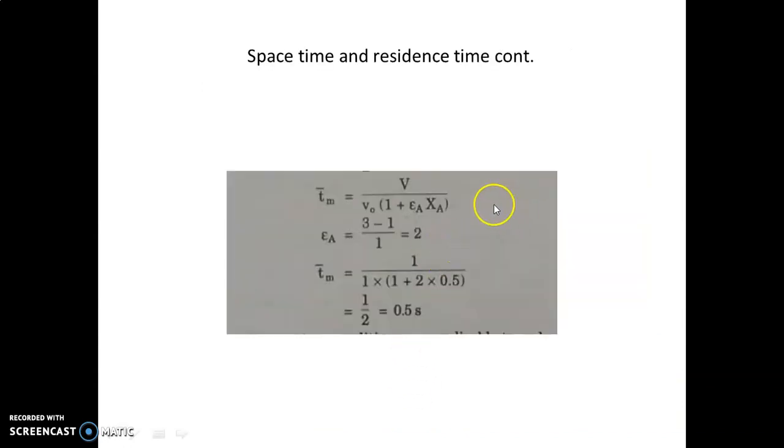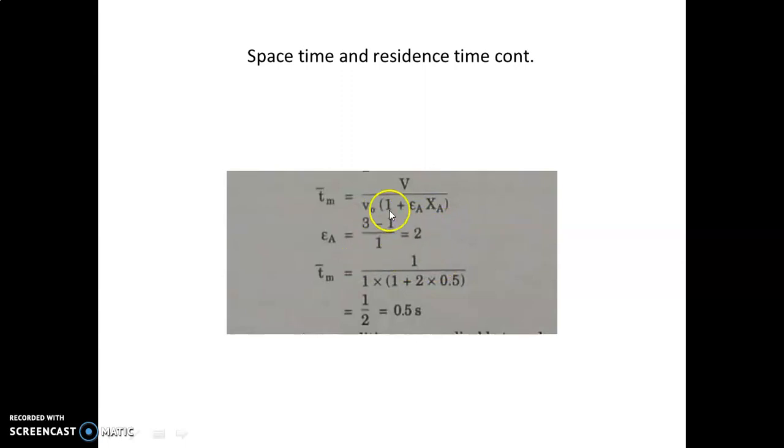But for calculation of residence time, we have to use this formula, V upon Vf. So Vf is equal to V0 into 1 plus epsilon A XA. So you have to calculate epsilon A from the reaction. So 3 minus 1 divided by 1 is equal to 2. That means the fractional change in volume.